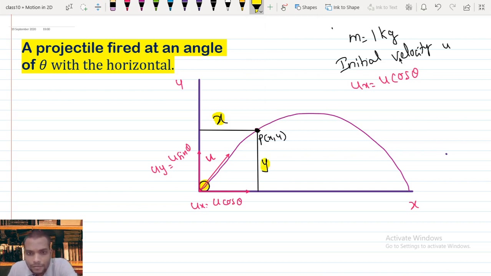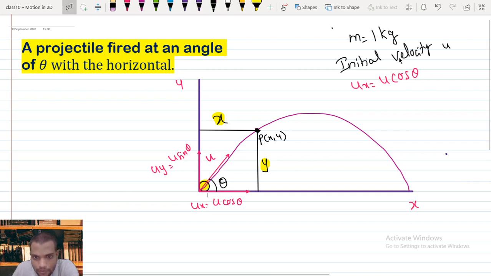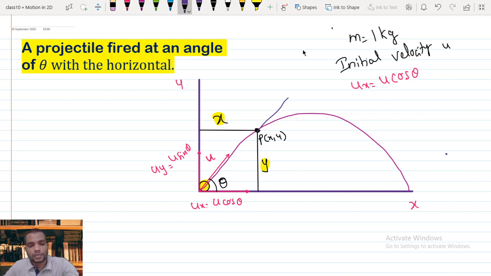Now after launching, a very important factor is that the projectile is launched at an angle theta, the initial angle theta. Now at point P, the projectile velocity changes. Say it has a velocity v, the resultant velocity, which we take as the final velocity v.